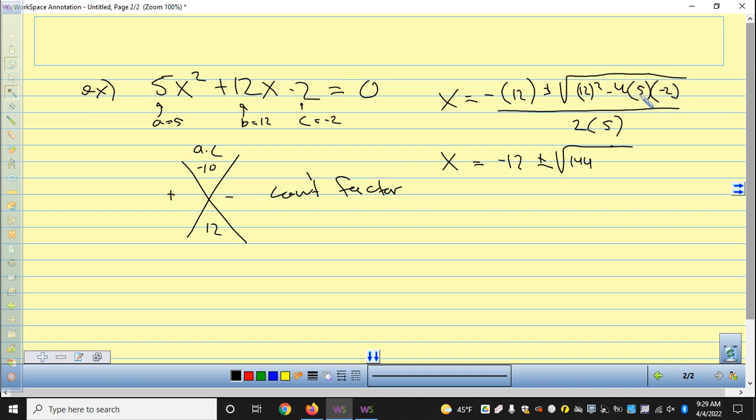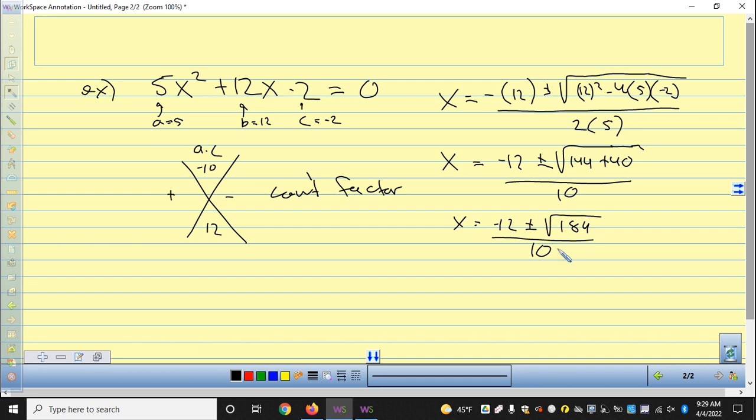Negative 4 times 5 is negative 20. Times negative 2 is positive 40. All over 10. So x equals negative 12 plus or minus the square root of 184 divided by 10.